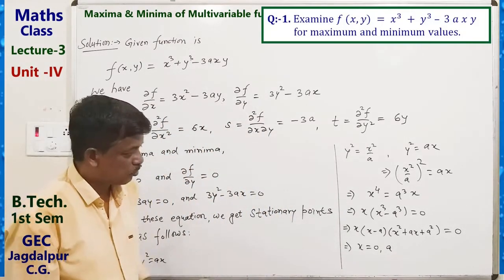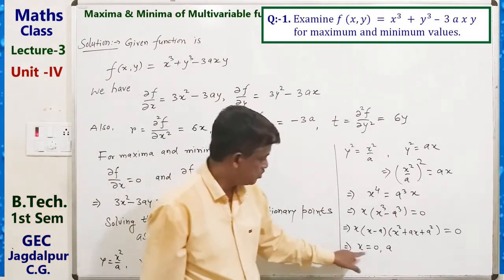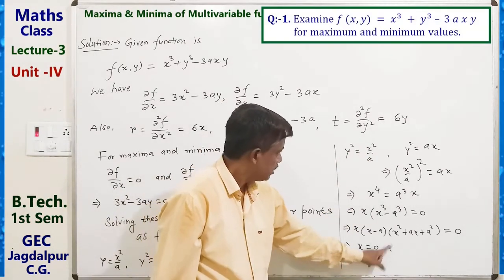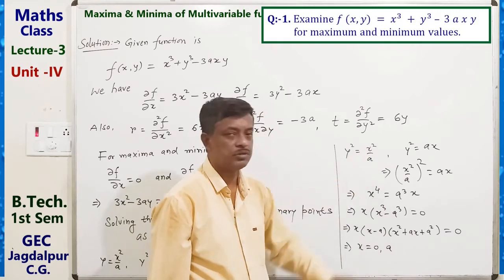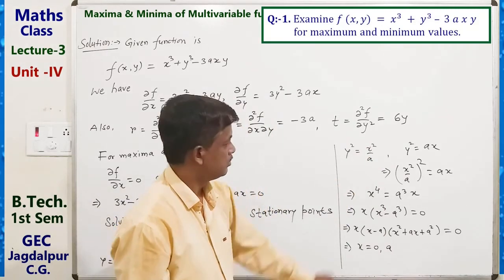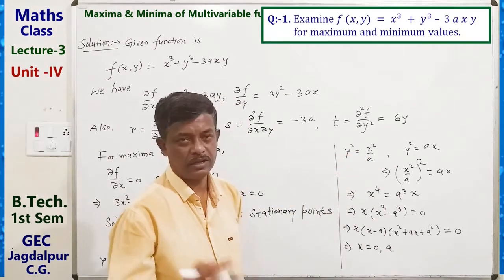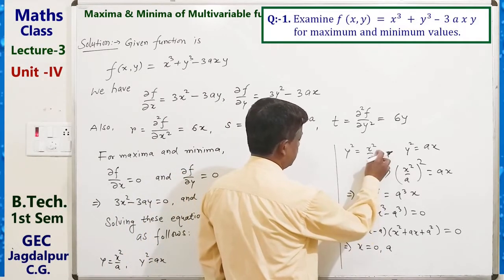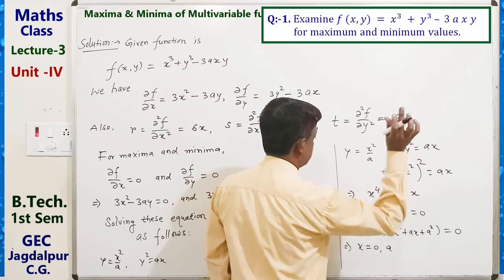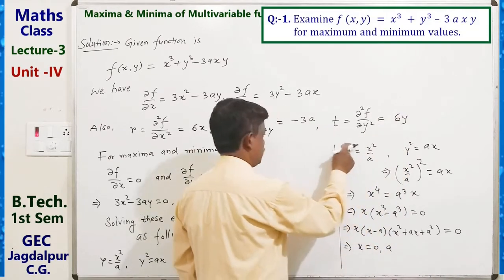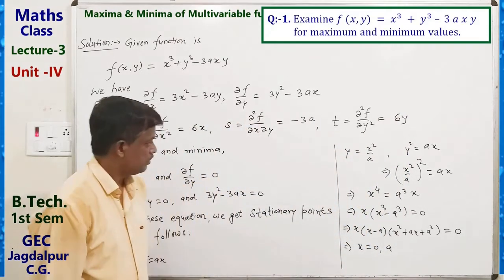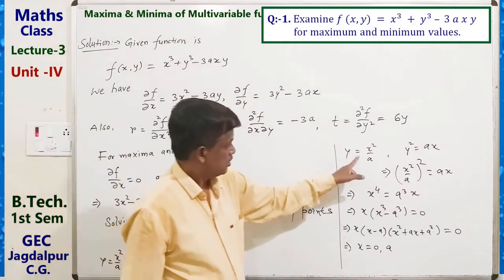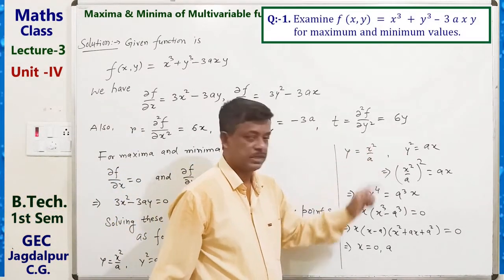The corresponding value of y: when x equals 0, y is also 0. When x equals a, y equals a square by a, since y equals x square by a. So a square by a means a.